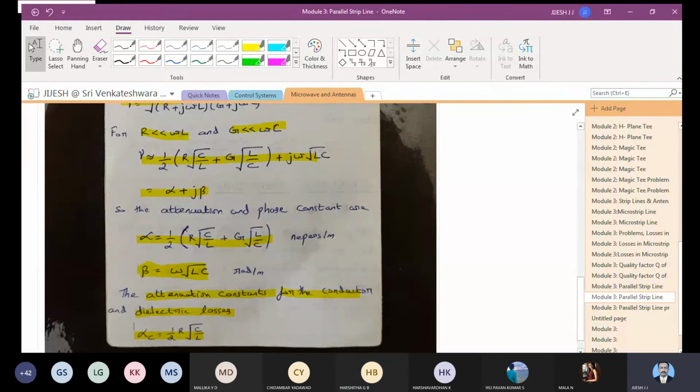So we got equations for alpha and beta. You also got the equation for gamma, and you have the equation for alpha C as well. Further on, we will see this for a parallel strip line.